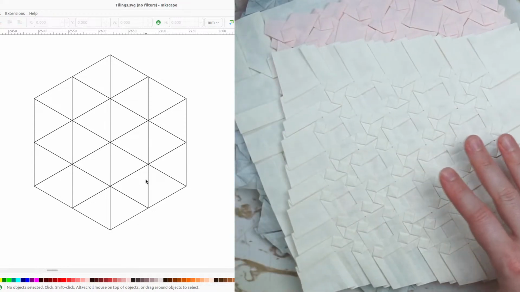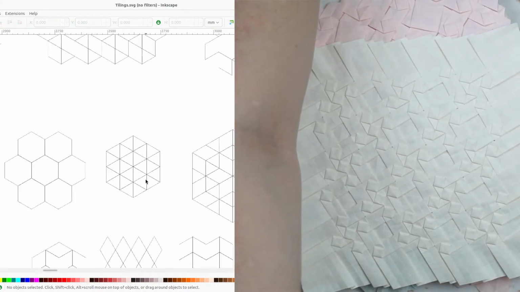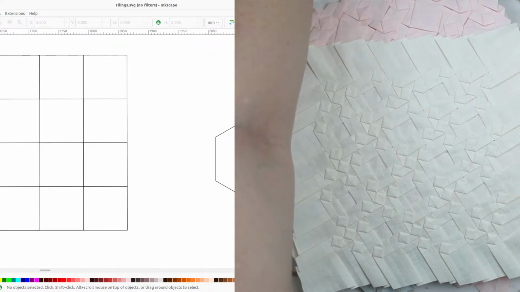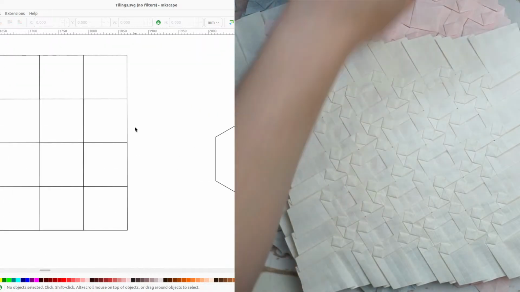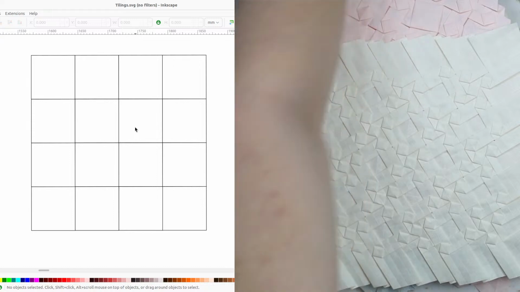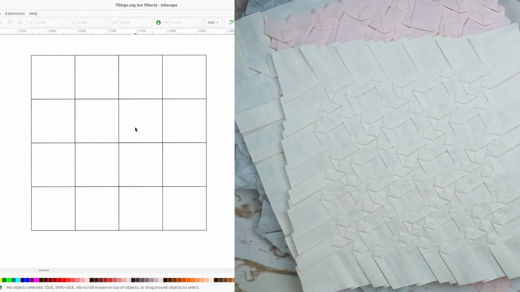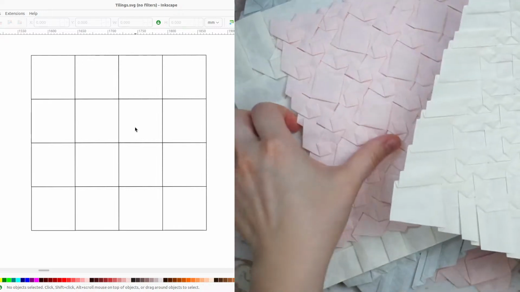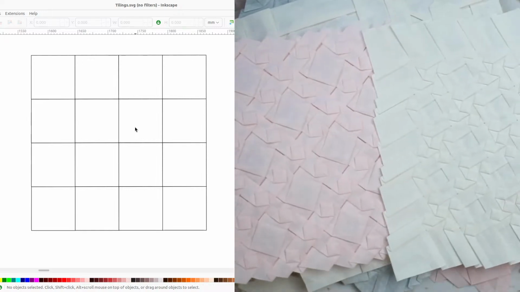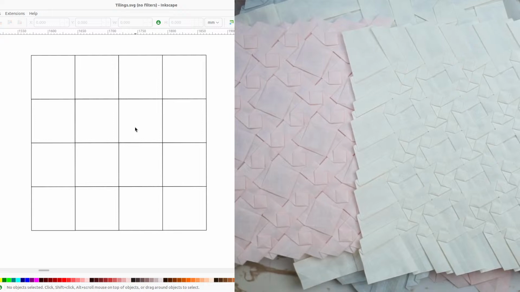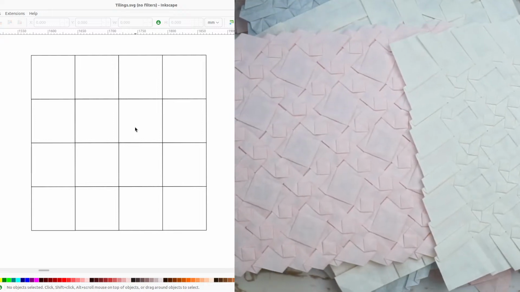Likewise with squares. So squares only fit with squares. There's not multiple ways to arrange patterns of only squares. But that doesn't mean that you can't get a little bit crazy with it when you're doing your designs.